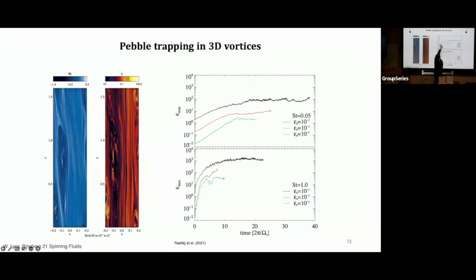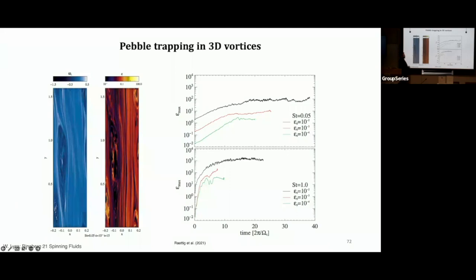So all of them seem to reach dust to gas ratio equal 1. It doesn't go much beyond that, but it gets to dust to gas ratio 1. All models here, all the Stokes numbers that we tried from all dust to gas ratios that we start with, have some regions inside the vortex that lead to dust to gas ratio 1.